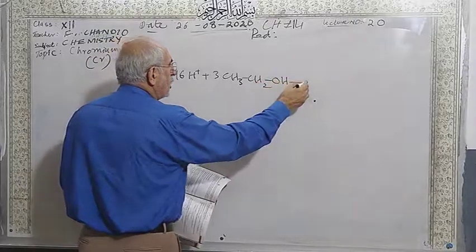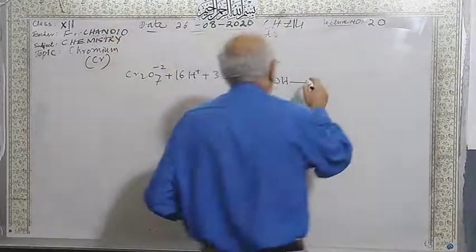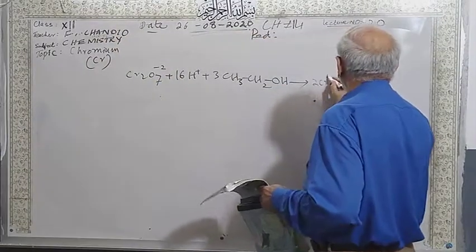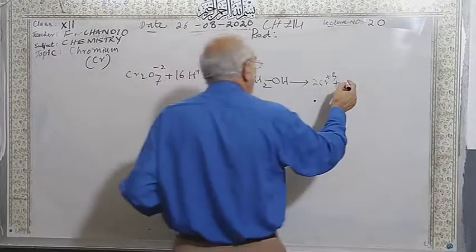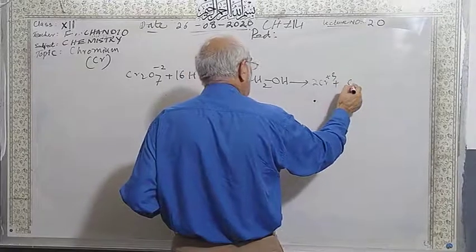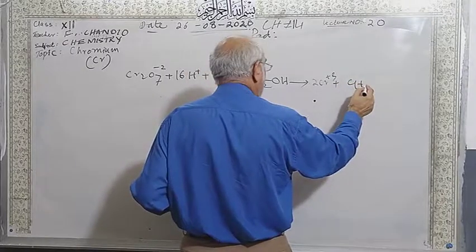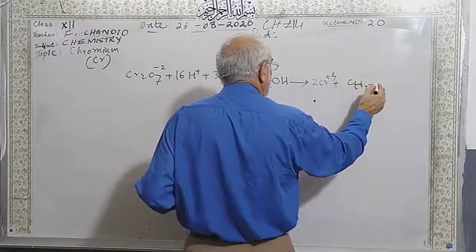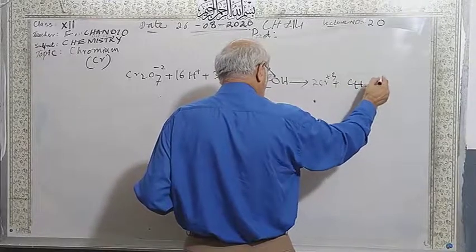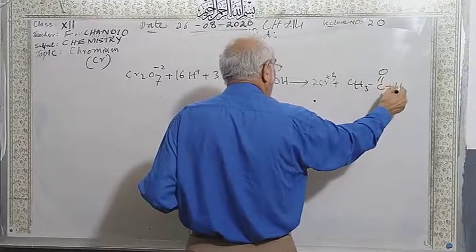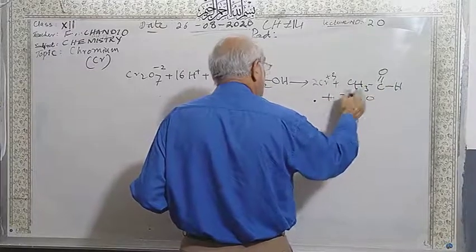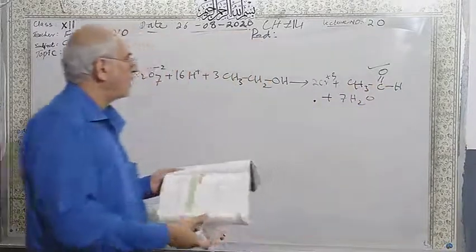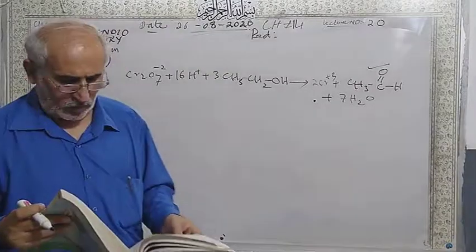This is the ethanol, and it's going to be changed. Chromium is going to be reduced, Cr positive 3, and plus you will get the aldehyde. This is the aldehyde, acetaldehyde, and plus 7 molecules of water. So this is the ethanol; aldehyde is going to be formed here.